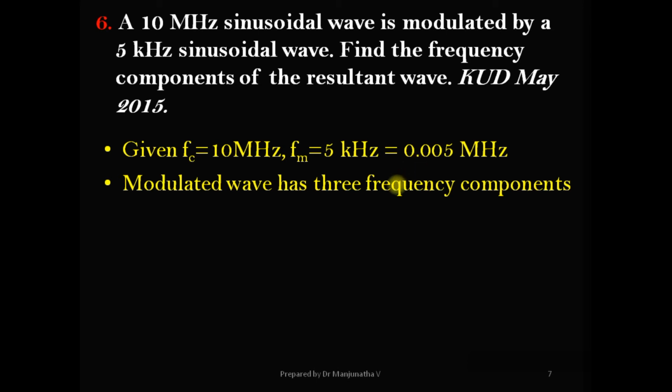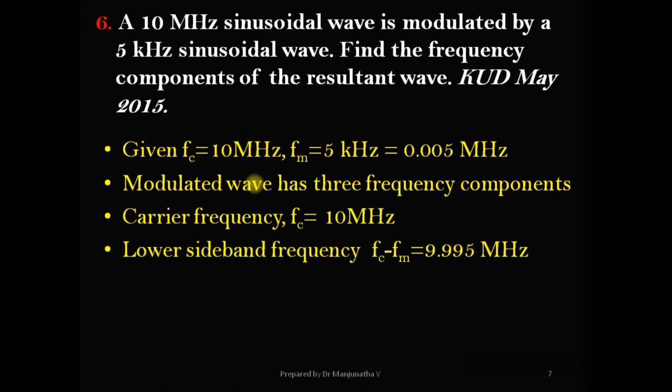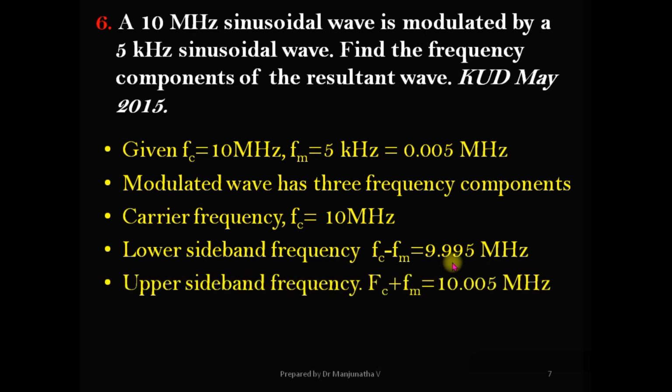First let's see the carrier wave frequency, that is 10 megahertz, which is given, and the lower sideband frequency is Fc minus Fm, that is 9.995 megahertz, and the upper sideband frequency is Fc plus Fm, which is 10.005 megahertz.